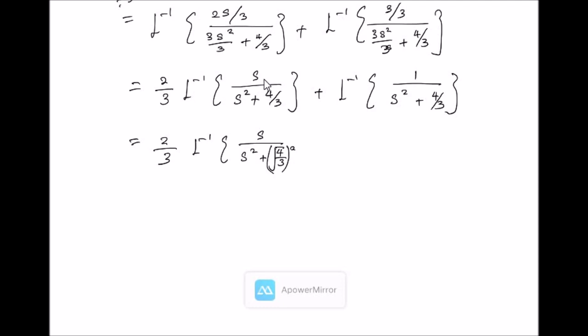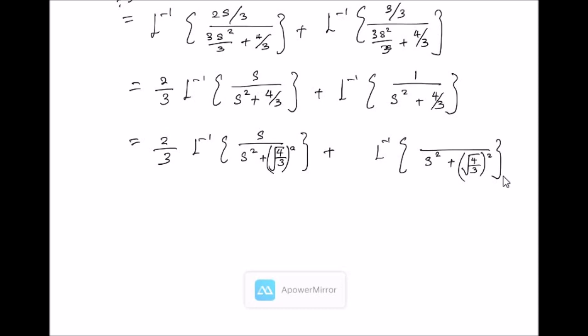We need to fulfill the format of the cos. And then plus, inverse Laplace of 1 over (s squared plus the square root of 4 over 3, squared). This one is not s, so most probably it is the sine.